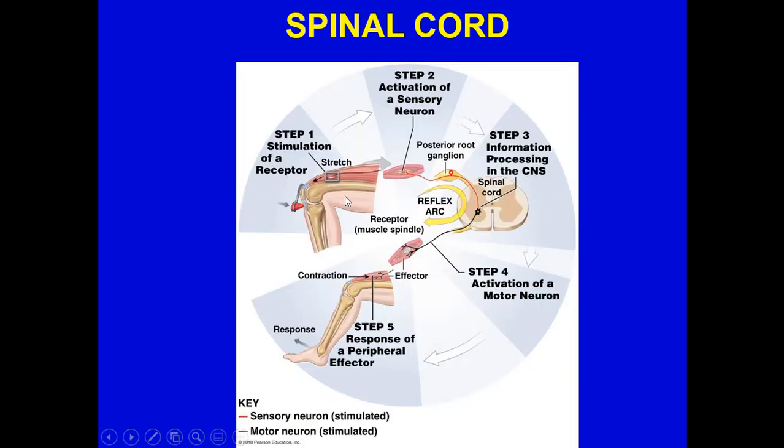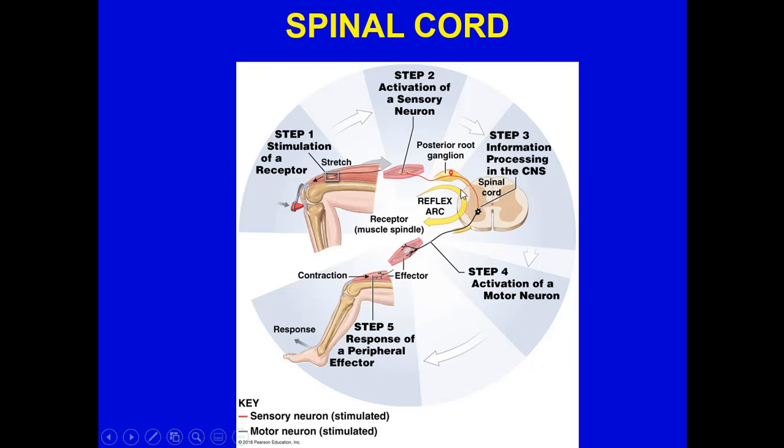Okay, so here we go. Pop, little tap here on this patella that stretches the muscle. That's the stimulation of the receptor. The activation of the sensory neuron, there's this spindle in here that gets stretched. This information is passed up through the posterior root ganglia. Monosynaptic, meaning that you only have one synapse right here, sensory to motor.